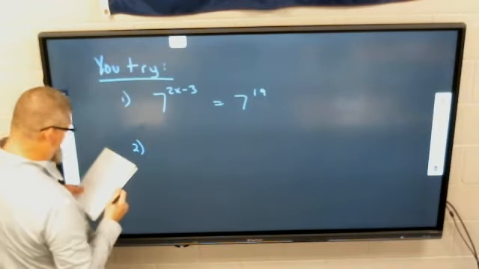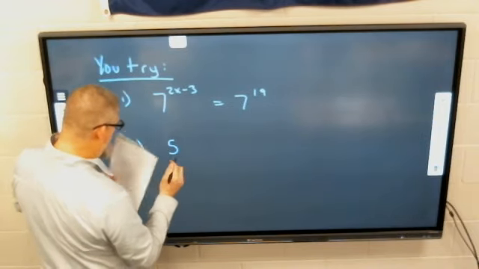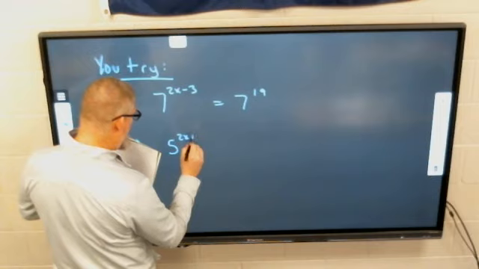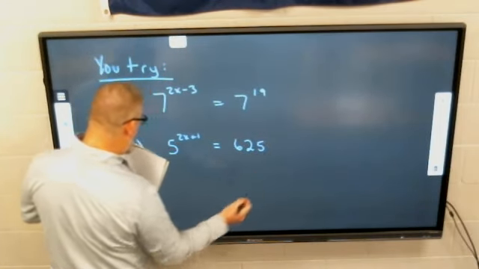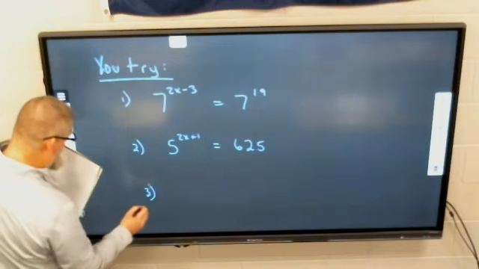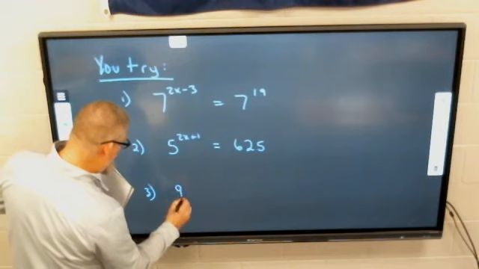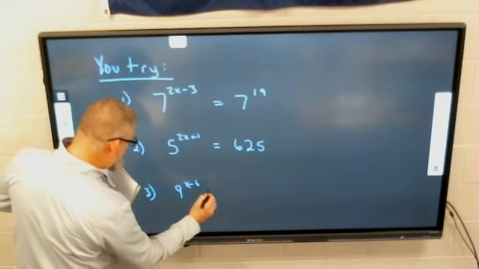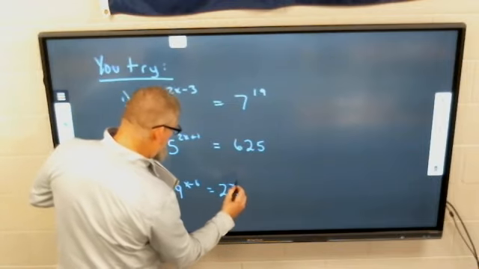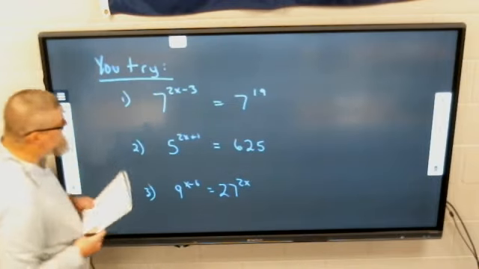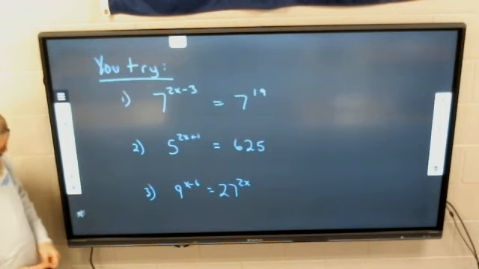Number 2 is exactly like the second example I gave you. 5 to the 2x plus 1 equals 625. Number 3. 9 to the x minus 6 equals 27 to the 2x. We'll give you a couple minutes to try those problems.